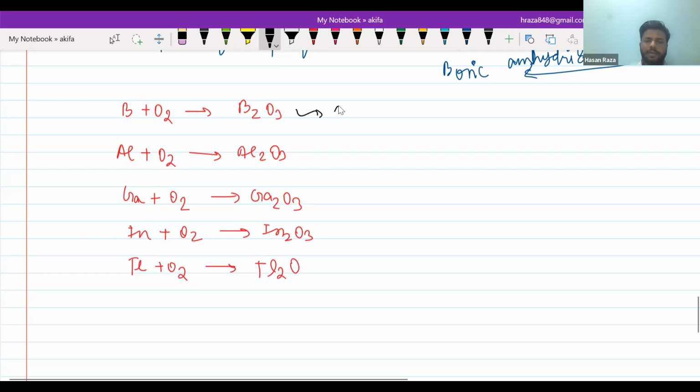So this is basically acidic in nature because non-metallic oxide is acidic in nature. Al2O3 and these are amphoteric in nature, and these are basic in nature.